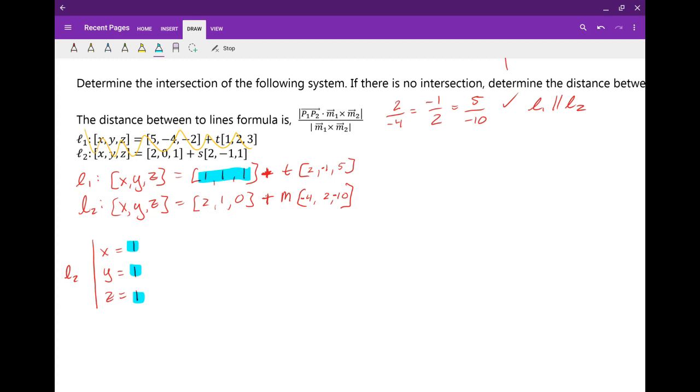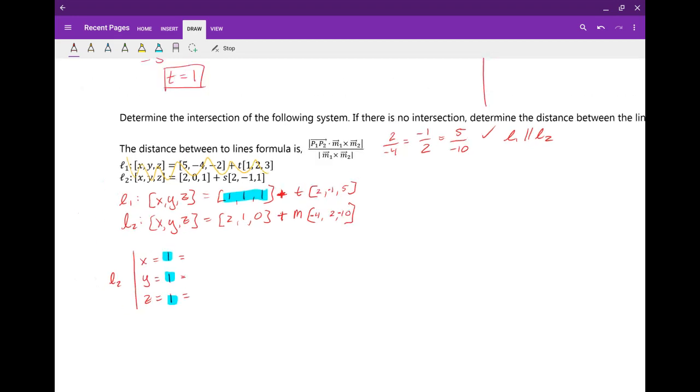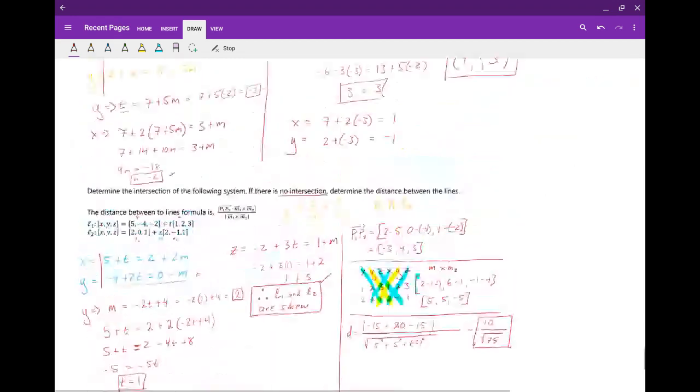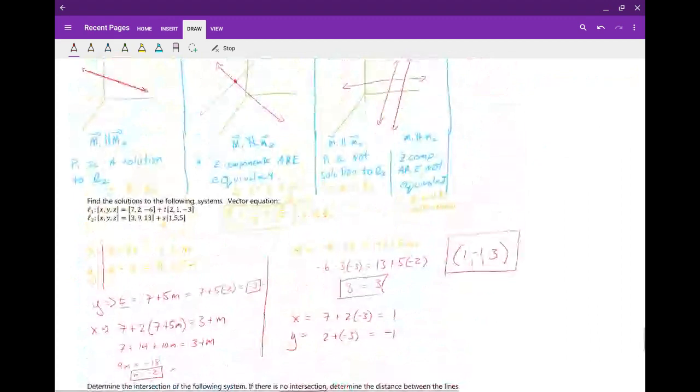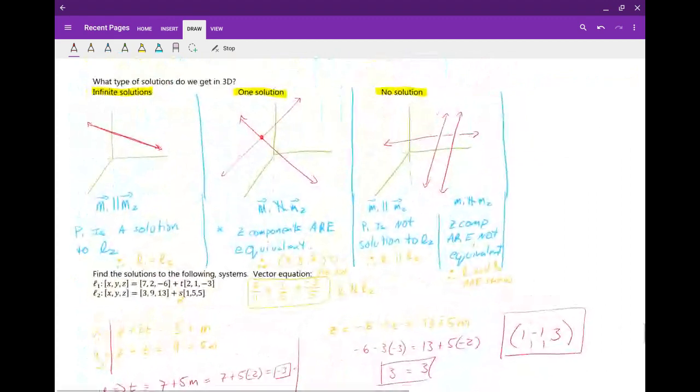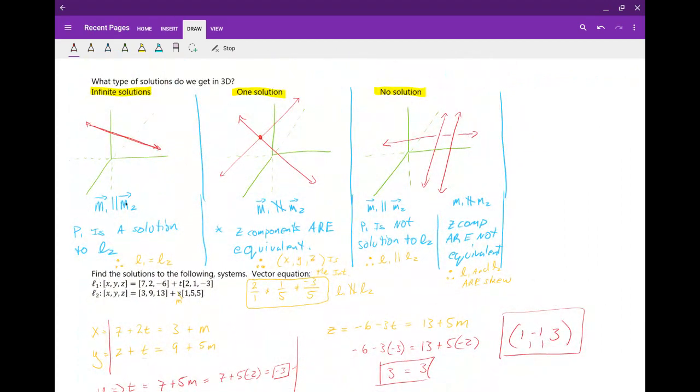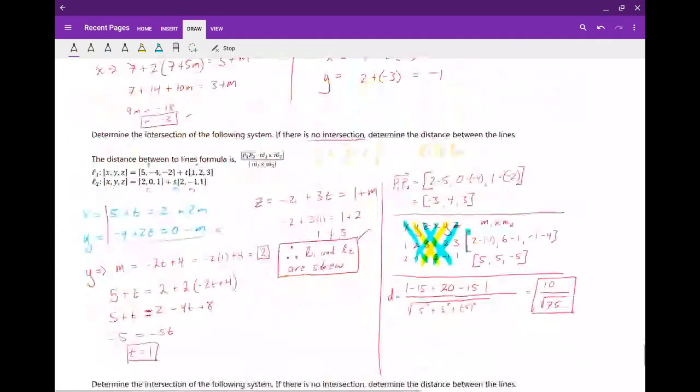Then I'm going to build the parametric equations over here. You might be saying, what am I doing? Remember, if the lines are parallel, either P1 is a solution or it is not a solution.